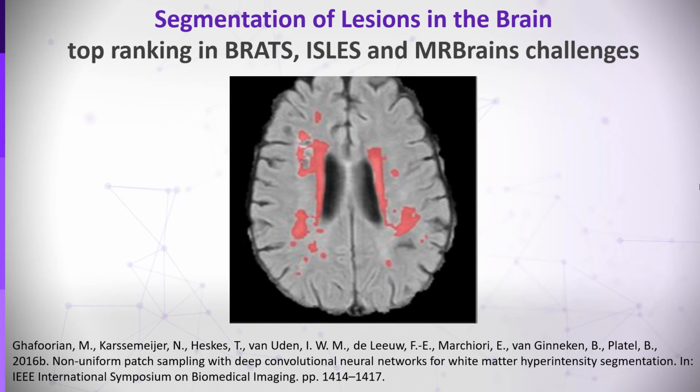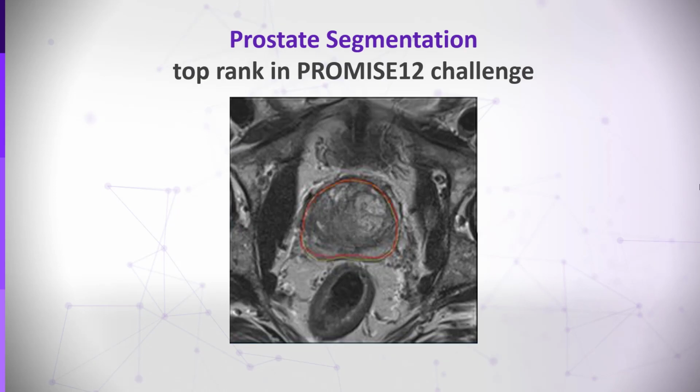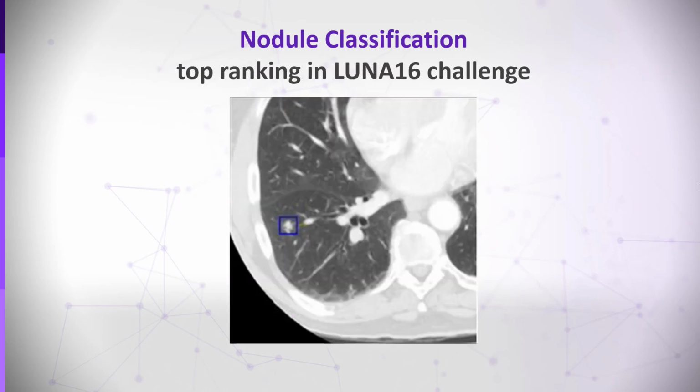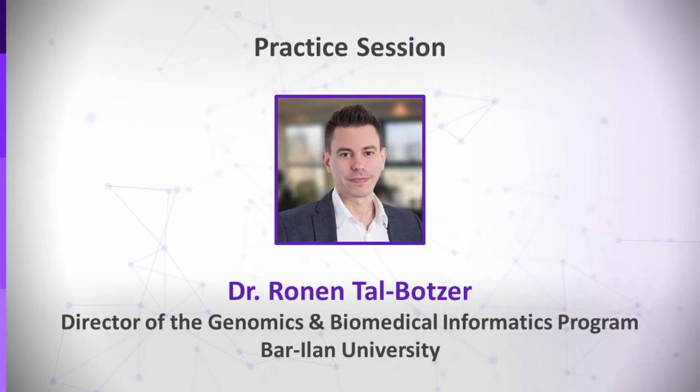Got top ranking in 3 different challenges. A prostate segmentation work got top rank in PROMIS 12 challenge. Breast cancer metastasis detection in lymph nodes got top ranking and human expert performance in Chameleon 16. And nodule classification got top ranking in Luna 16. These are all just a few examples, and more and better applications are coming up every week now.